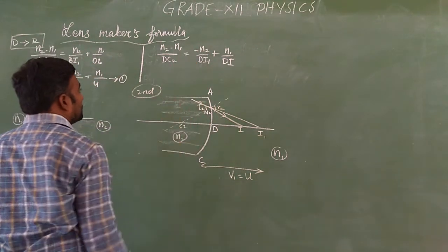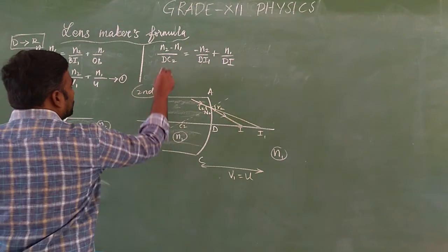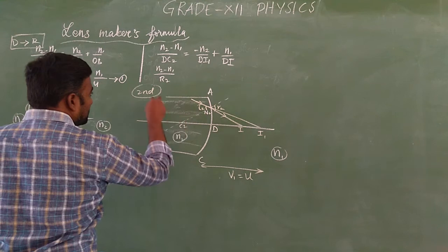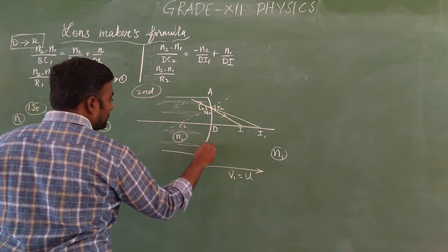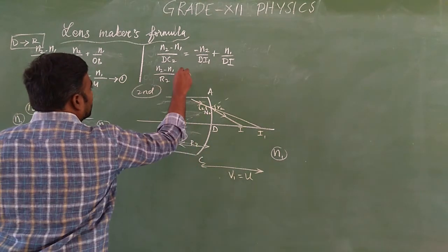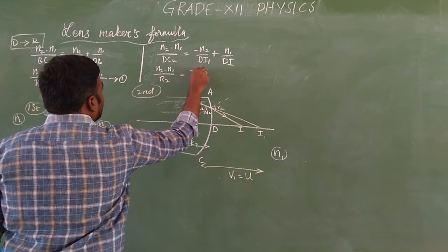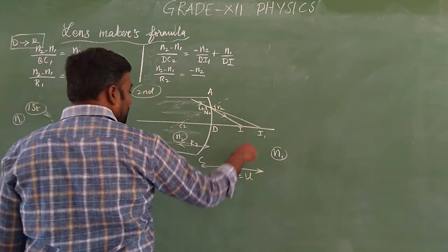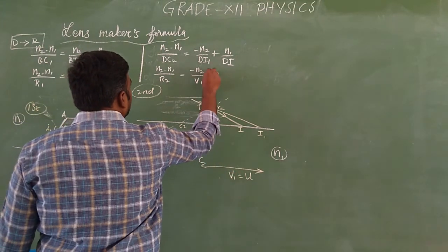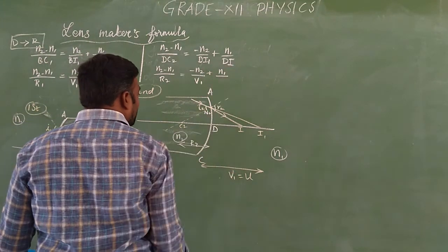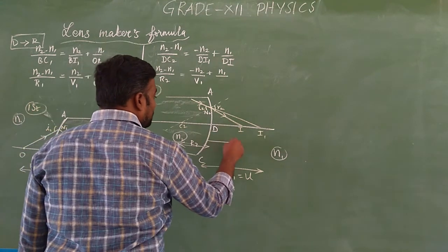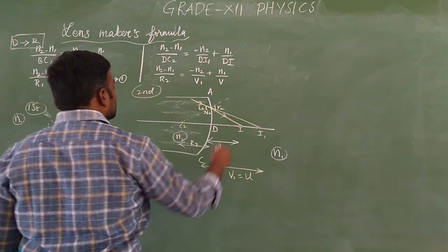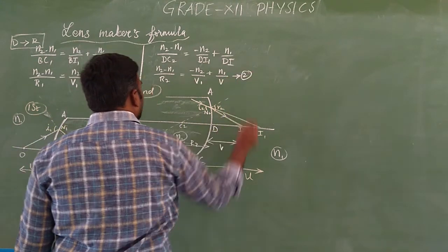Substituting the values, N2 minus N1 by R2, because the second spherical surface has radius of curvature R2, equals minus N2 by DI1, where DI1 is V1, plus N1 by DI, where DI is the final image by the second spherical surface. So this is equation number 2.